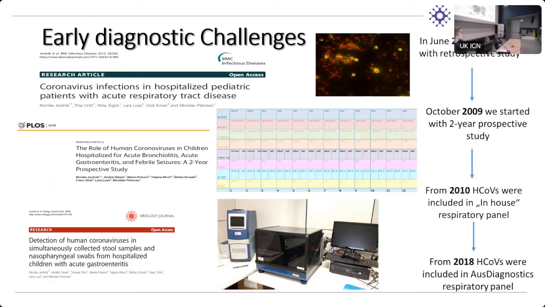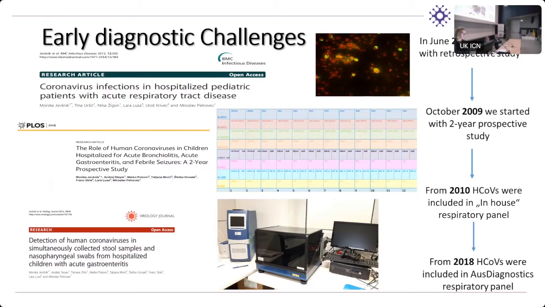The prospective study lasted 2 years and included children under 6 years of age, both symptomatic. After 1 year of this study, we included human coronaviruses in routine respiratory diagnostic. And we totally changed our diagnostic from direct immunofluorescence assays to the in-house real-time PCR assay.